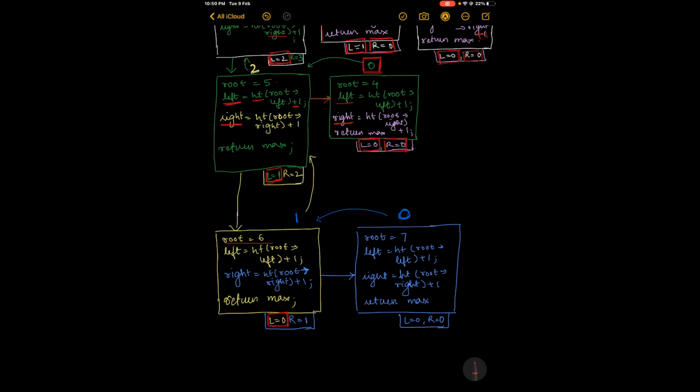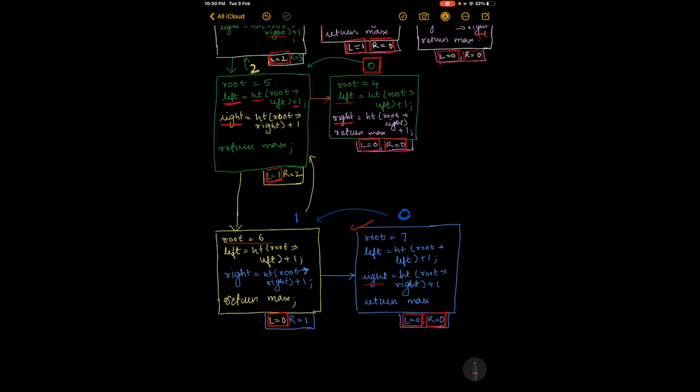Now from here, this root equals 7 block will be originating. So root equals 7, left is equal to height root left plus 1. Again, this is minus 1 plus 1 equals 0. So this is correct. Now moving on to the next step, right equals height root right plus 1. Again, right equals 0.